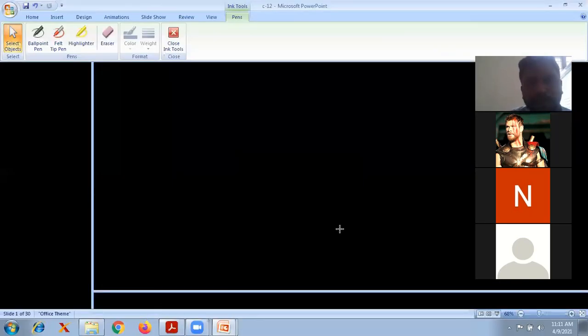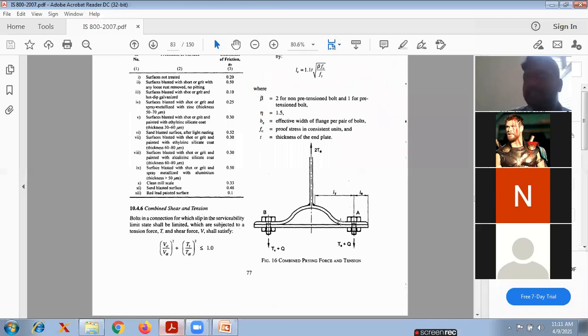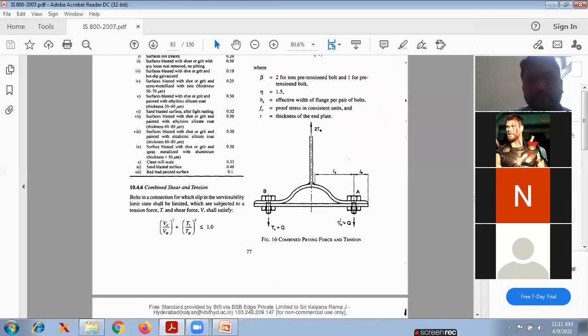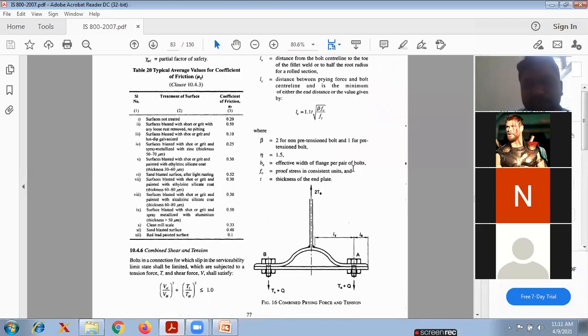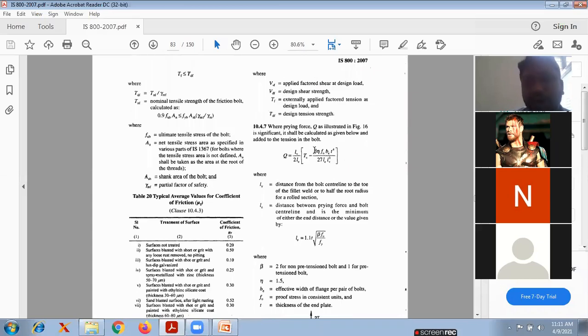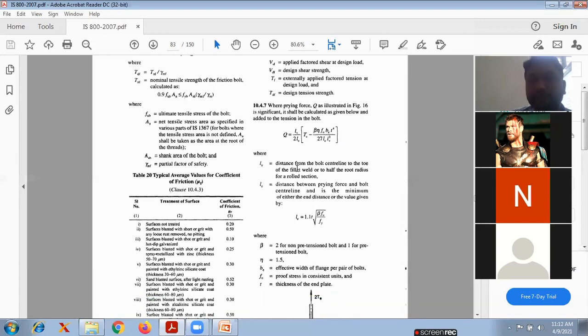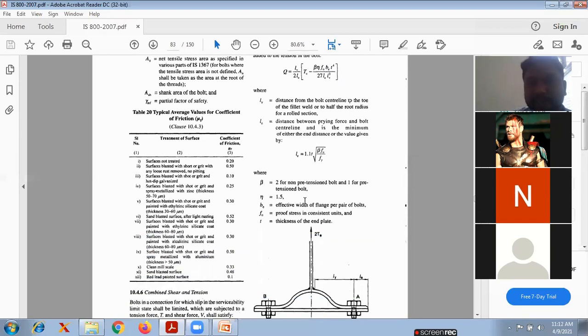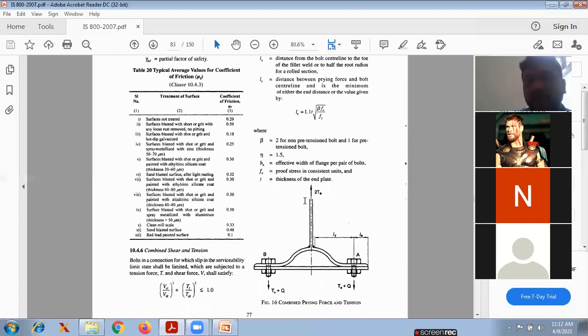Please, I am opening the IS 800 code book at page number 77. All of you open page number 77. The prying force formula is available here. The clause number is 10.4.7, and all the parameters and the pictorial view for the prying forces are available in figure 16, that is the combined prying force and tension.